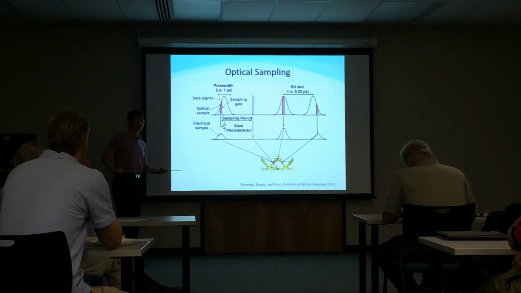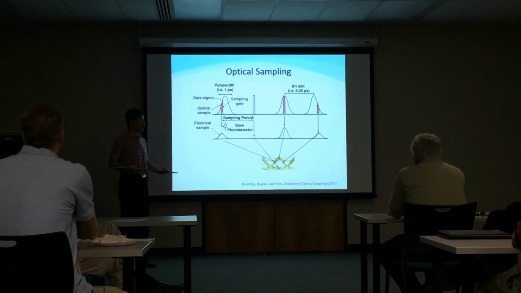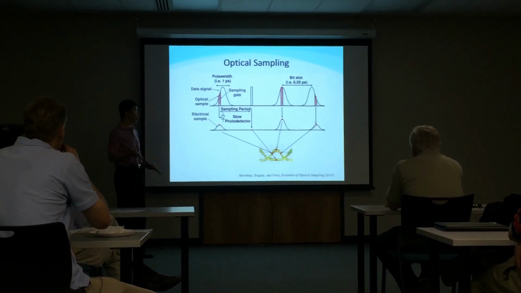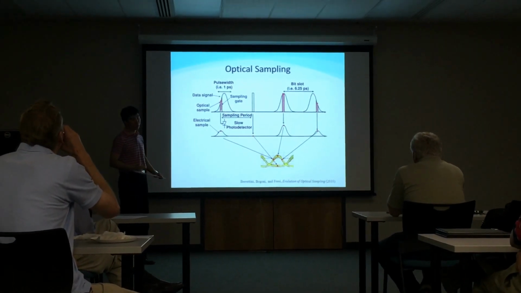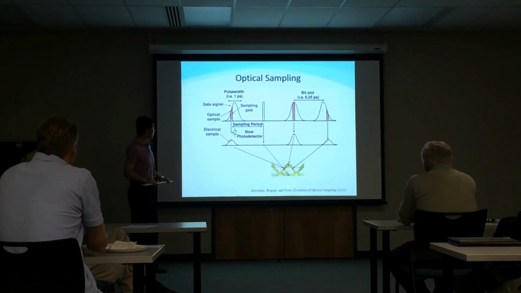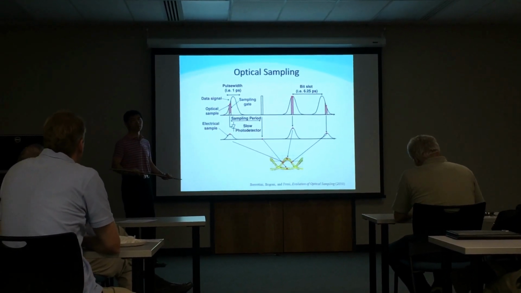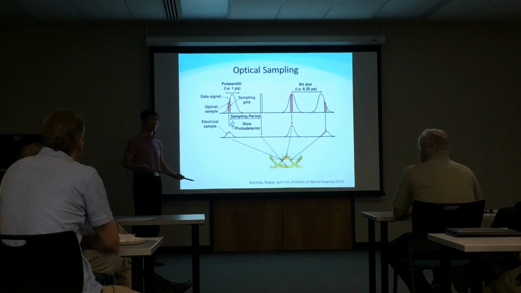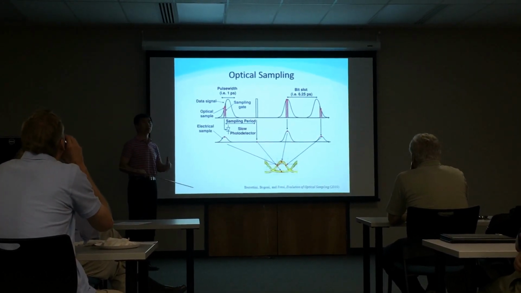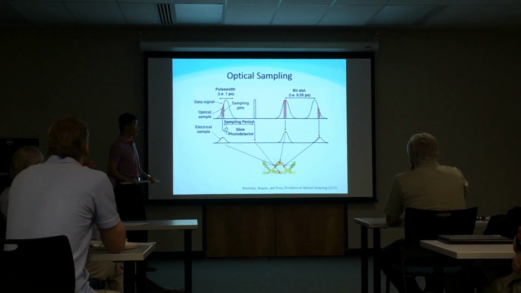So optical sampling is a technique that is used for detecting very, very fast optical signals. If you think about an optical signal, for example, like optical communication pulses, when it becomes shorter than 10 picoseconds, on the order of 10 picoseconds, there's really no electronics that you can cost effectively use to detect that.